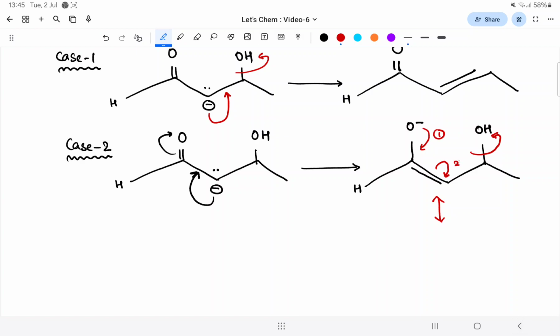Arrow number 1, arrow number 2, arrow number 3. Focus on these 3 arrows happening simultaneously. Imagine and draw the final product and tell me, does it look the same as in case 1 or not? Please try to draw it and check whether it looks the same as in case 1. You will get the same product.